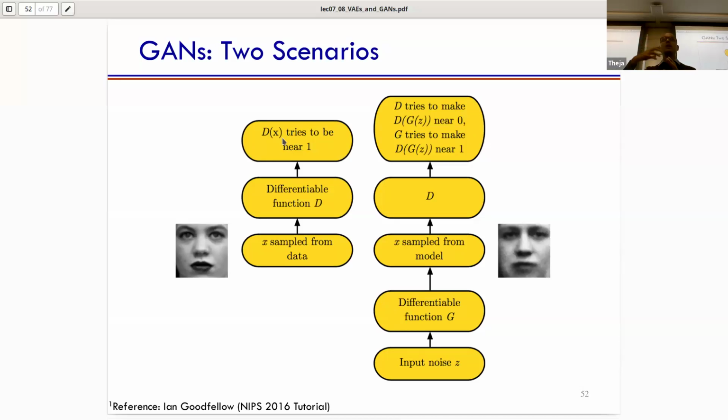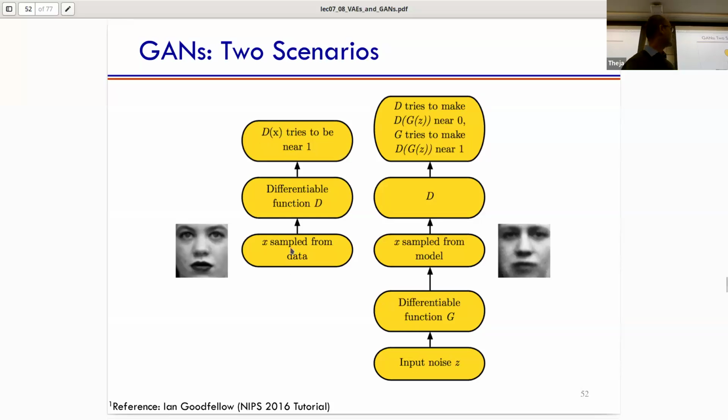Whatever learning it's trying to do is to learn that, hey, it's an image from my training data, so I want to produce a number close to 1. But if it's not from training data, I want to do the opposite, which is produce a number close to 0. The input which is not from training data is going to be something generated by the generator, a synthetic output. So anything that's not part of the training data, I want to produce the output 0. That's what D of X does.